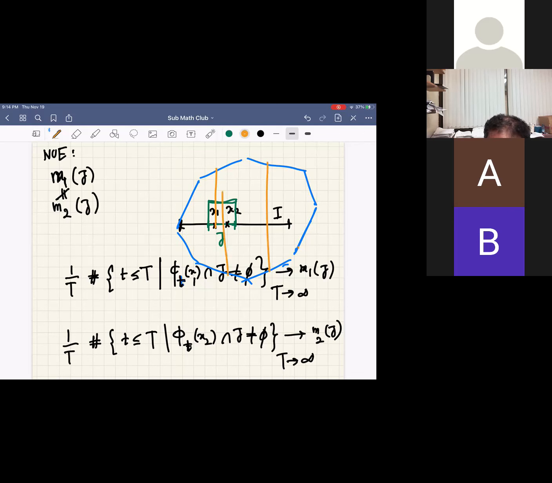This average just sees how many times this vertical flow, in the first one starting from x1 and going around the surface, intersects this interval, and the second one tells us, starting from x2, after a long time how many times it intersects that interval. Then we just average that, and let t go to infinity, and we get the measures.